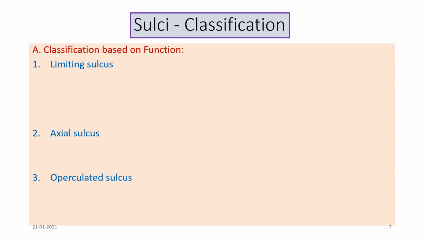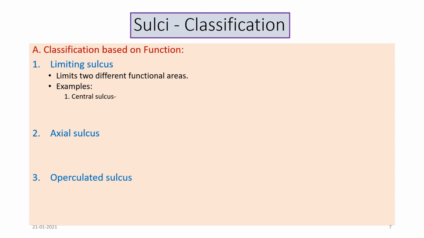Let us see what is limiting sulcus. So this sulcus limits two different functional areas. What's an example for it?